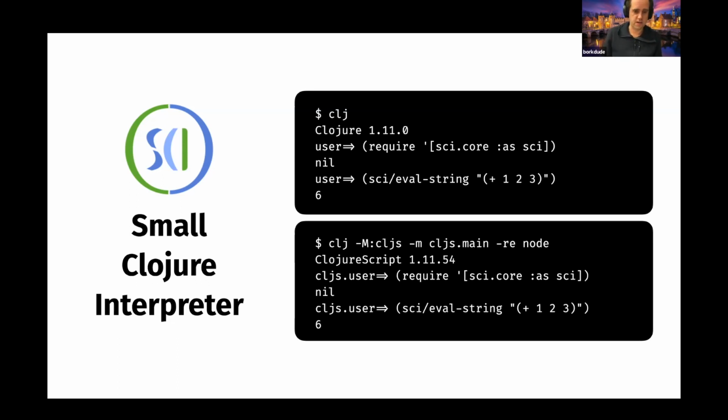So the interpreter has access, by default, to clojure.core and clojure.set, clojure.edn, and all of the pure-ish things. It does not include functions like slurp, etc., because those give access to the file system. And by default, SCI should be usable as a sandboxed environment.